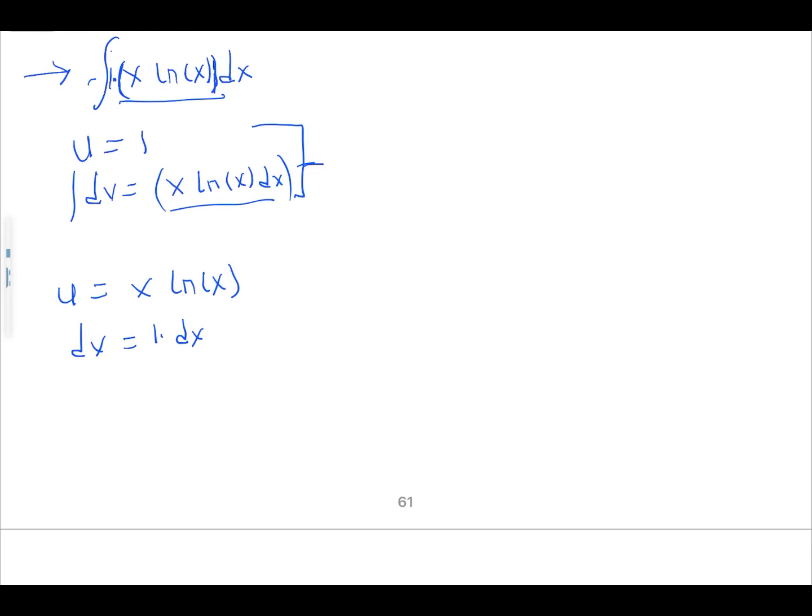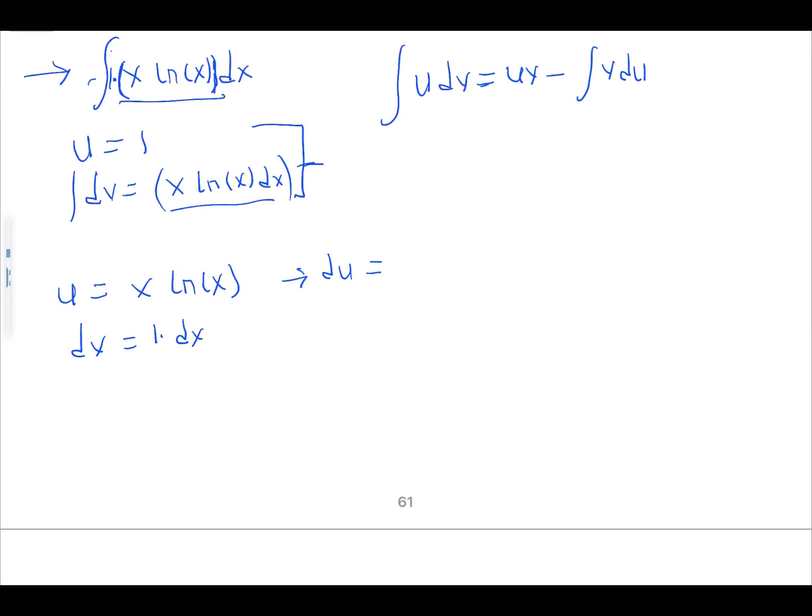Having this, you can find the differential of u, because per the formula, integral of u dv, always write down your formula: uv minus integral of v du.